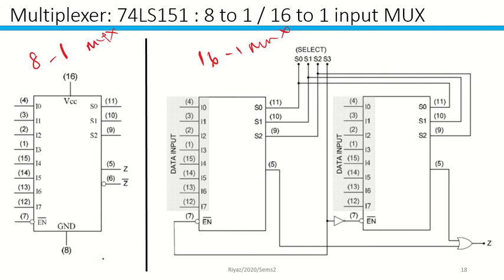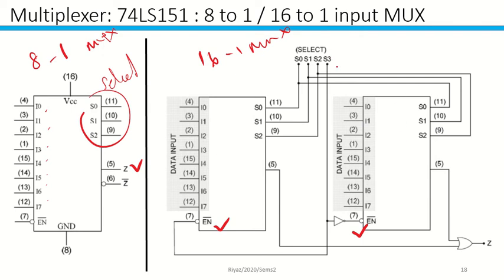The 8 to 1 is going to use 8 inputs, and you're going to select using this particular selector, and you're going to have an output over here. For 16 to 1, the only modification you need to do is to use this enable. This will be your lower situation, and this one will be your higher.